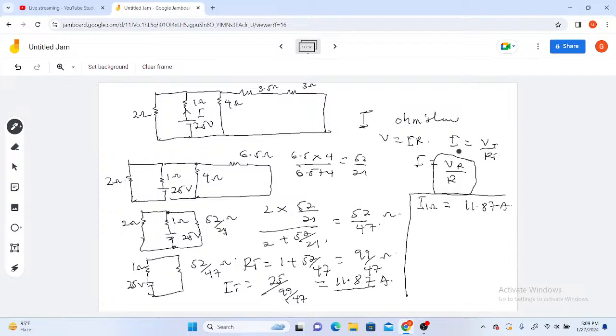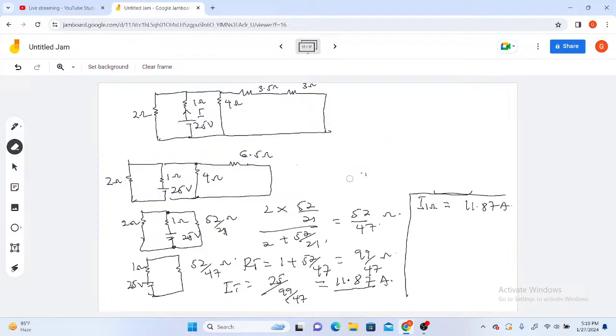Once the current passes through this, a voltage will be dropped here because there is a resistance. So what's the voltage dropped across this 1 ohm? You know that the voltage drop here, let me clean this side. As the question said, we should use voltage drop as well as total resistance and not current division rule.